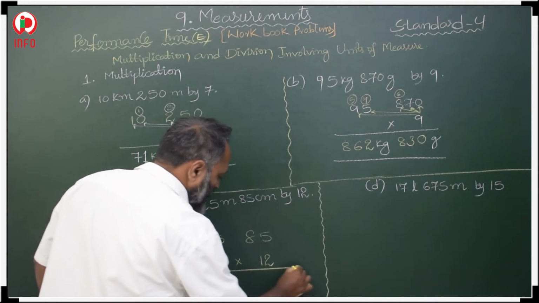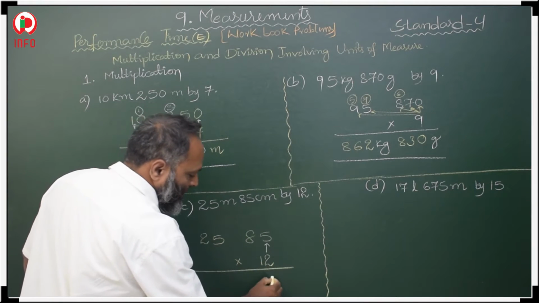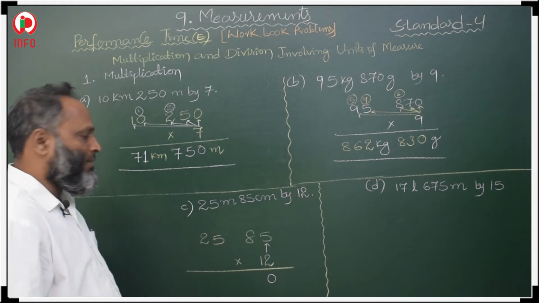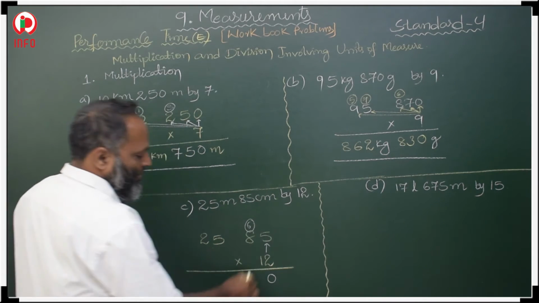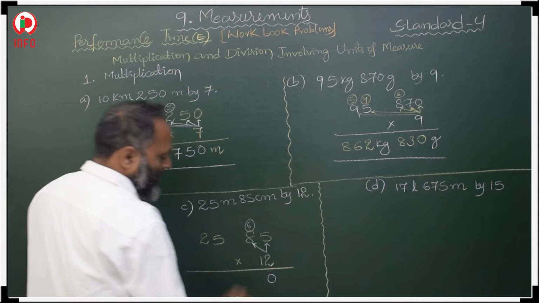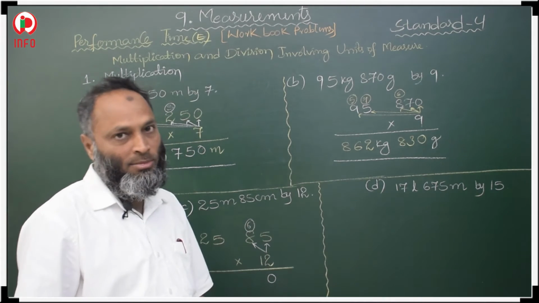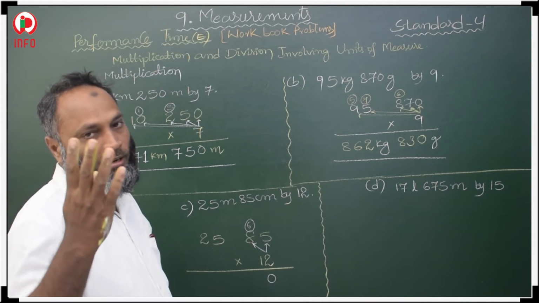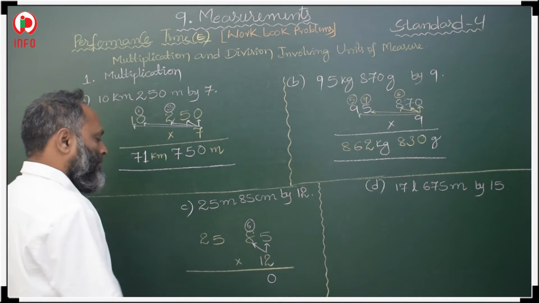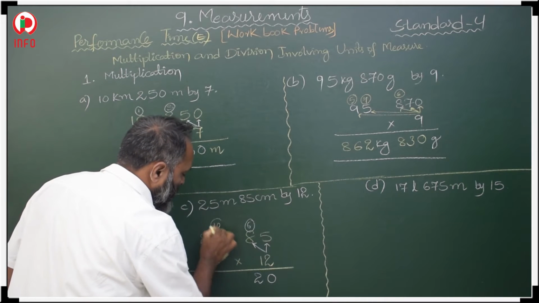So directly we should multiply with 12. 12 fives are 60. 60 means 0 in ones place of a centimeter and 6 next place, tens place of a centimeter. 12 eights are 96, plus 6. So 96, 97, 98, 99, 100, 101, 102. 102 means 2 here and 10 here.